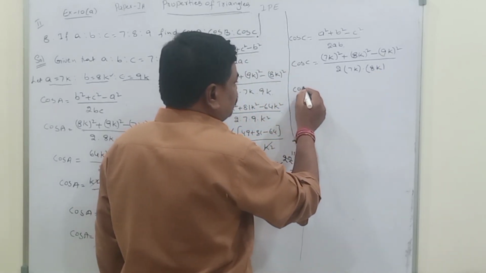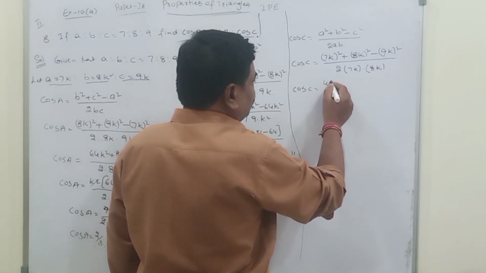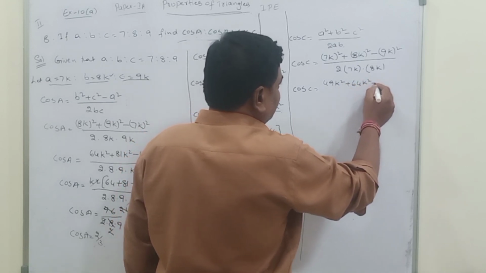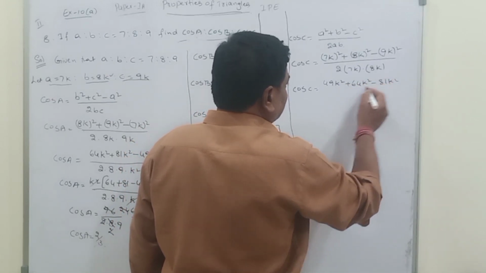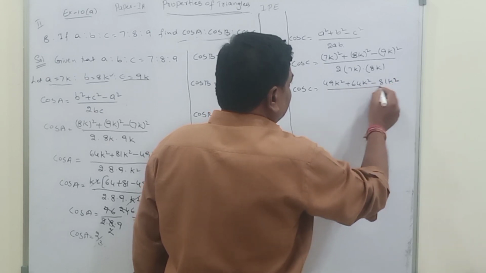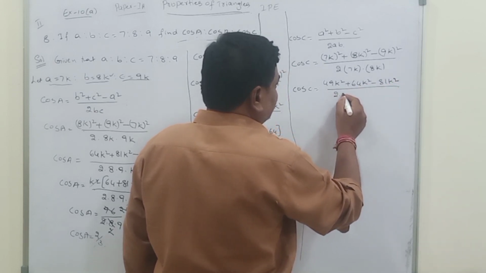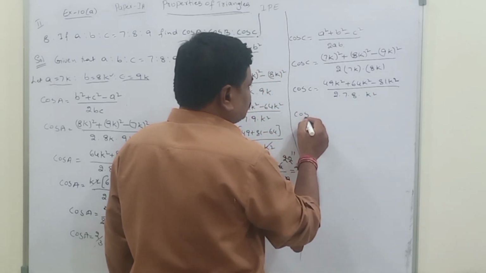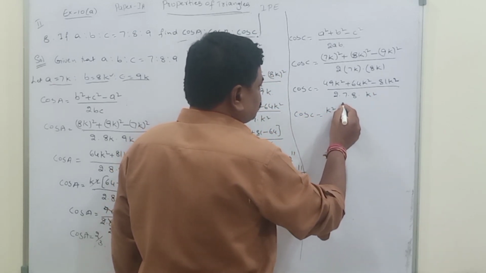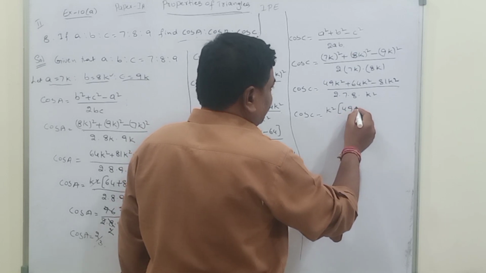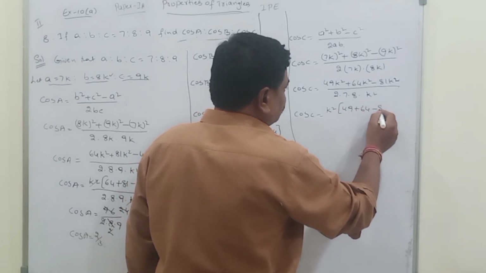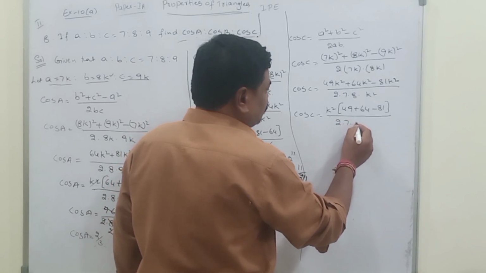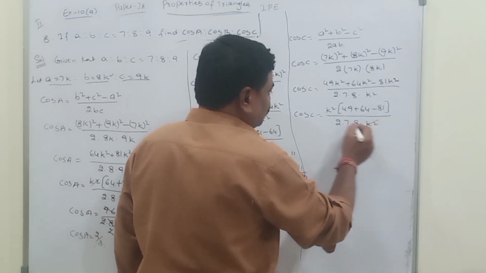So cos C is equal to 49k square plus 64k square minus 81k square by 2 into 7 into 8 into k square.